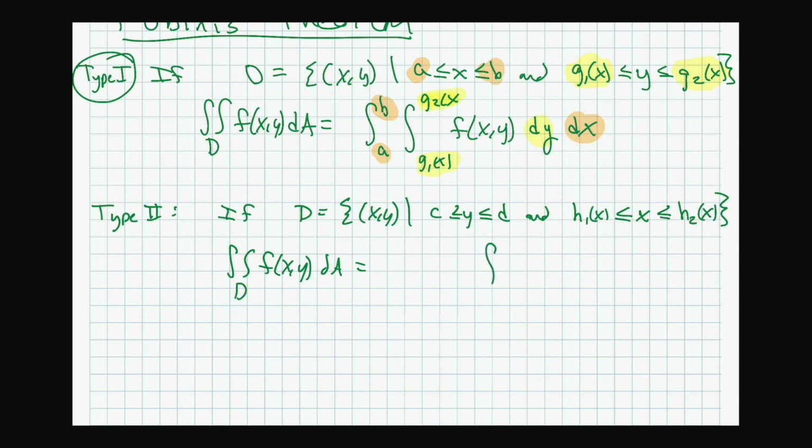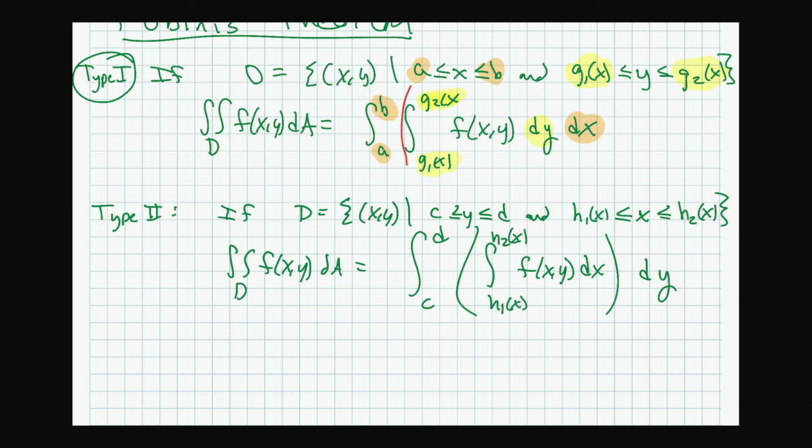So you do the integral from h1 to h2 of f of x, y, dx. And then after you do that, you do your integral from c to d. And I could have put parentheses here as well, like that.